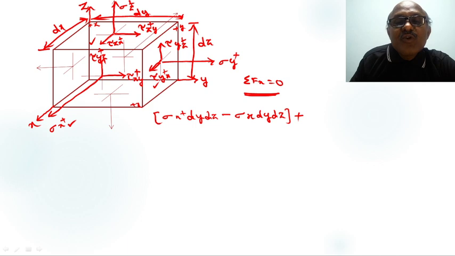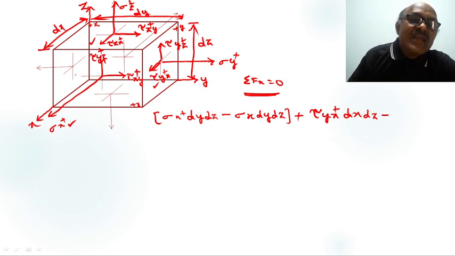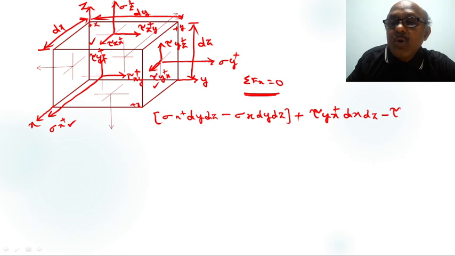We know the stress, and from this stress we estimate the force, that is tau yx plus, acting on the dx dz surface, minus tau yx dx dz on the negative face.